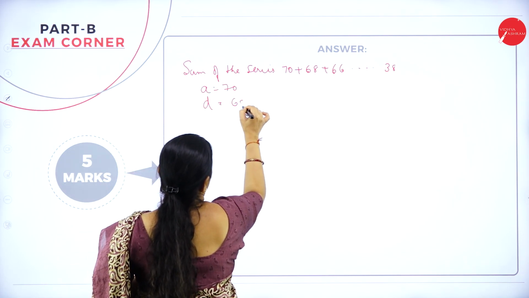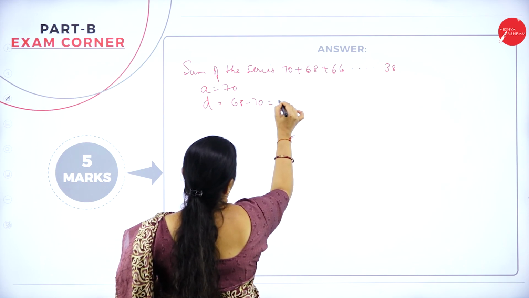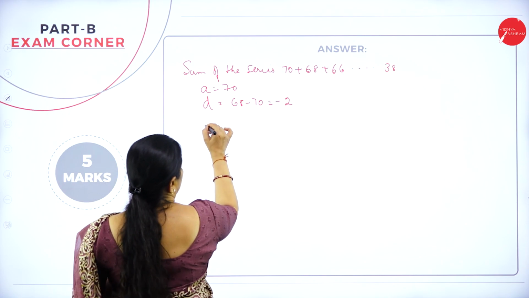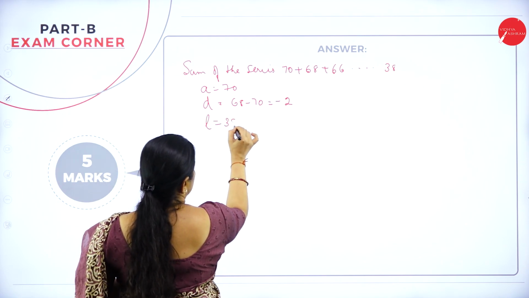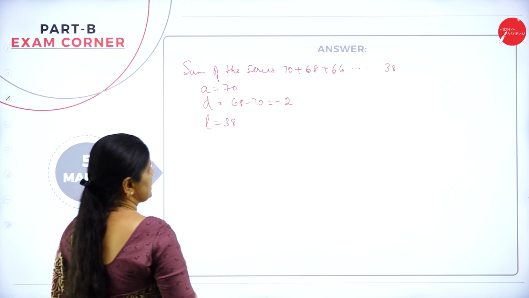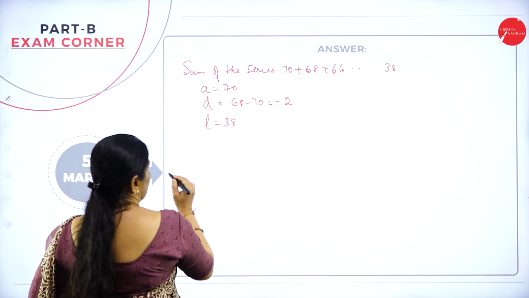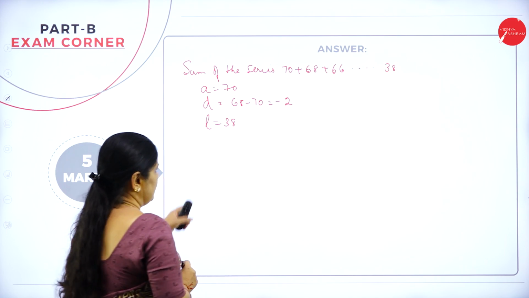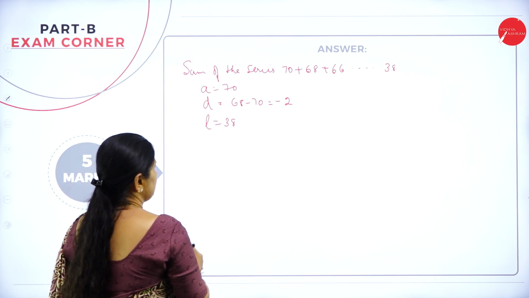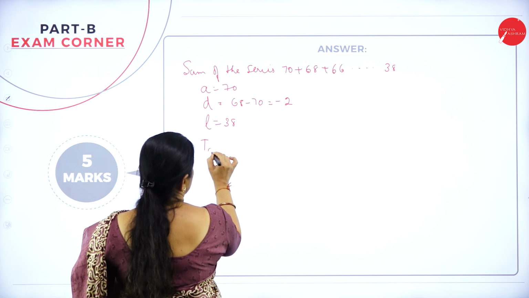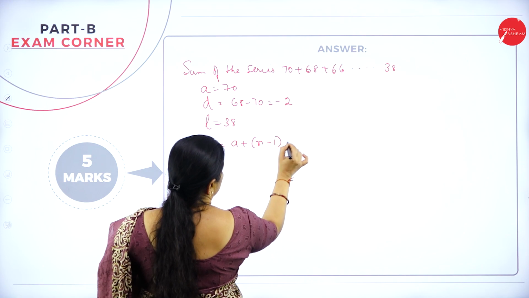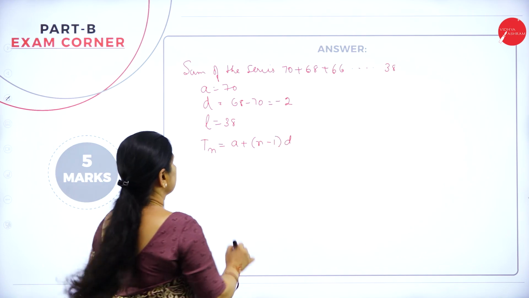What is D? 68 minus 70, that is minus 2. Now L is the last term, it is 38. They have asked us to find the sum of the series. Now we need to see what is the nth value of this 38. So I will write Tn equals A plus n minus 1 into D.